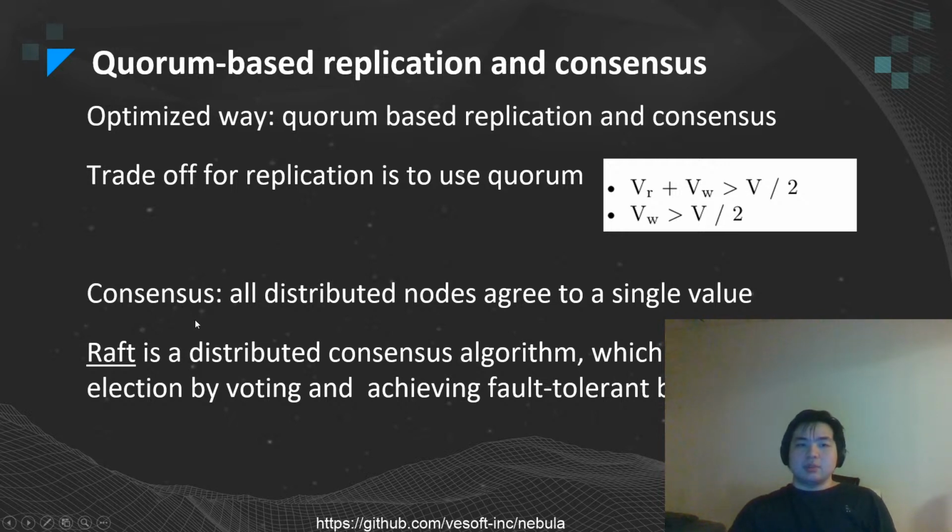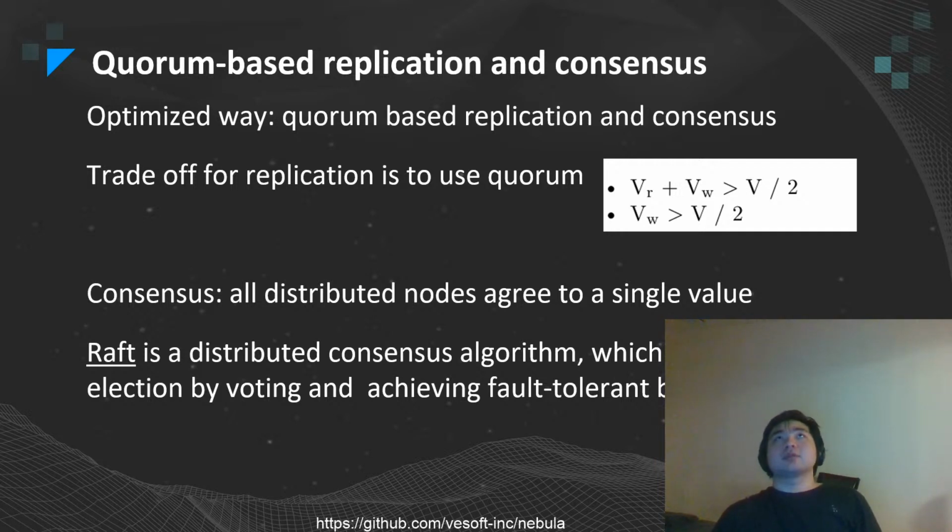Consensus is the hardest part of the database system, in my opinion, because of its history: Paxos is the classic protocol, which is really hard to understand at first.